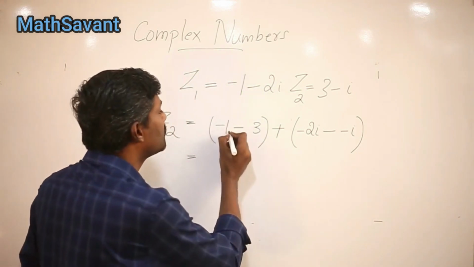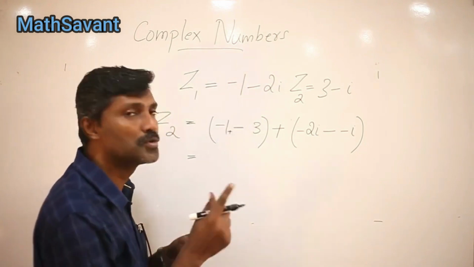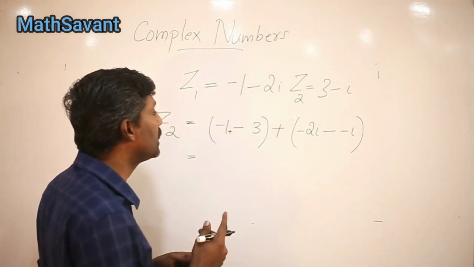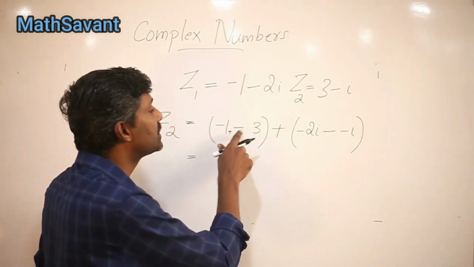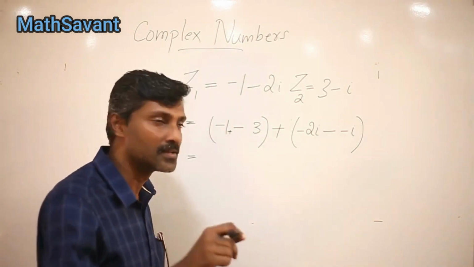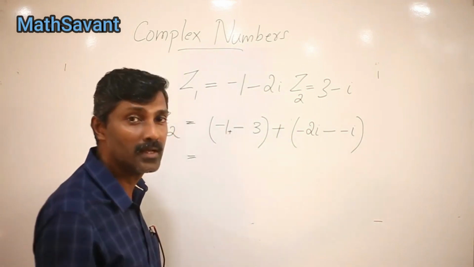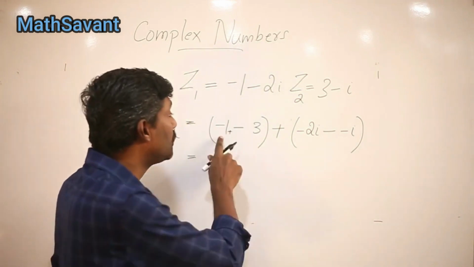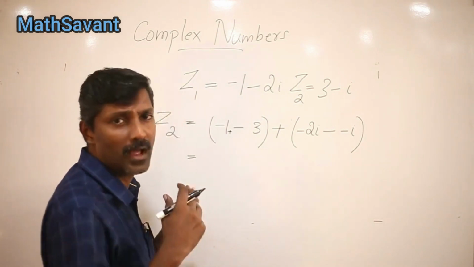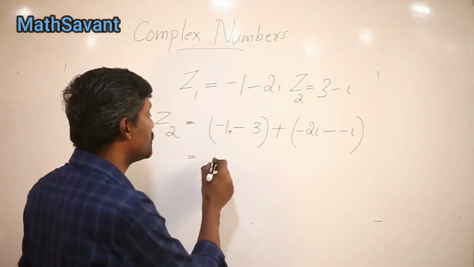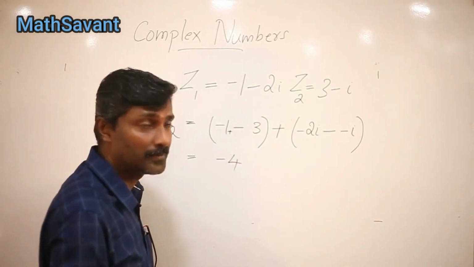So basically this is nothing but minus 1 plus minus 3. You are adding two negative numbers. So adding two negative numbers means just add the two numbers and put the minus sign. So it is basically 1 plus 3 and you put the minus sign. So minus 1 plus minus 3 is nothing but minus 4. Because both the numbers have the same sign, they are both negative. We just have to add these numbers and put the minus sign. So you get minus 4, right?